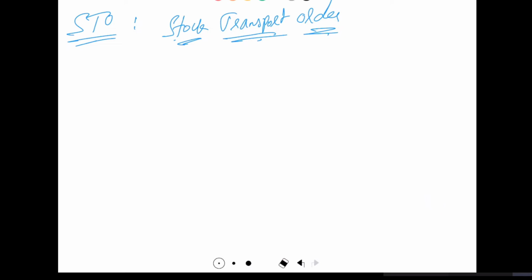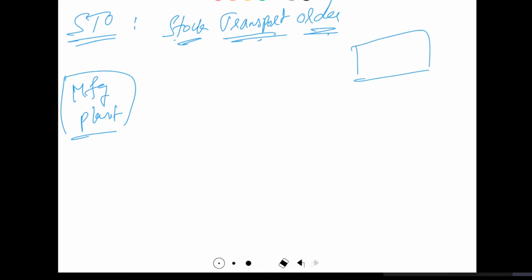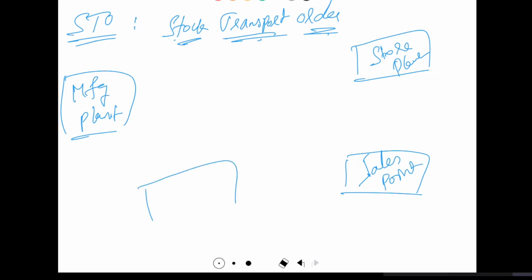Let's say I have the manufacturing plant, and I have one more plant, which is a store plant where we are storing stock, and one more, a depot plant, let's say a sales point plant. And one more sales point also we have.